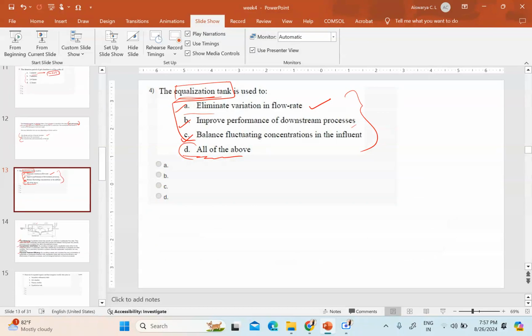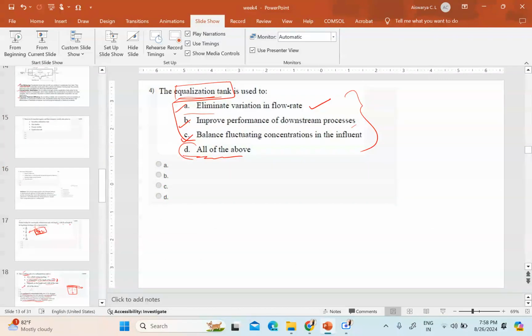Screen. Okay, regarding the dimensions. Okay, diagram. Yeah, I will take these diagrams next class. Okay, enough, right?